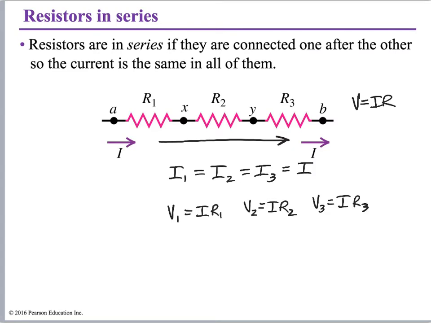But notice that, as we talked about going around a loop in a circuit in the previous chapter, the total potential from points A to B is equal to the potentials across each resistor added together.